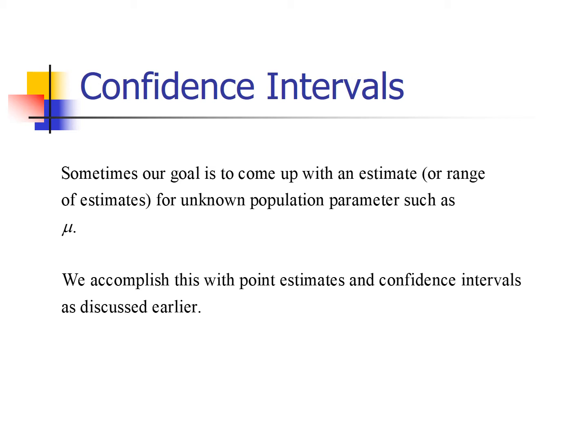Point estimate is just a fancy name for our best guess. So the sample mean is a point estimate for the population mean. The sample proportion is a point estimate for the population proportion. But even more importantly, we can accomplish this by coming up with a range of plausible values for this parameter.